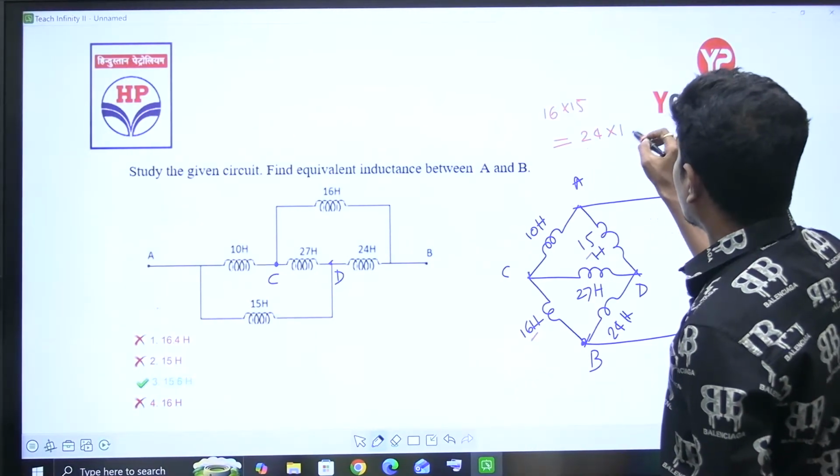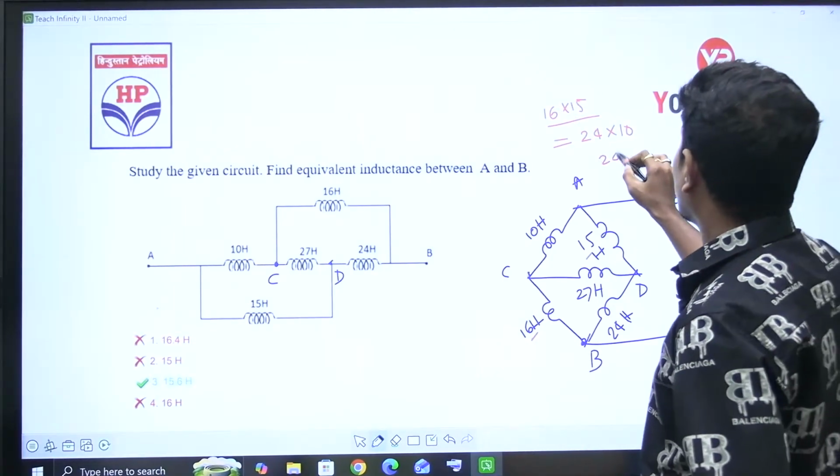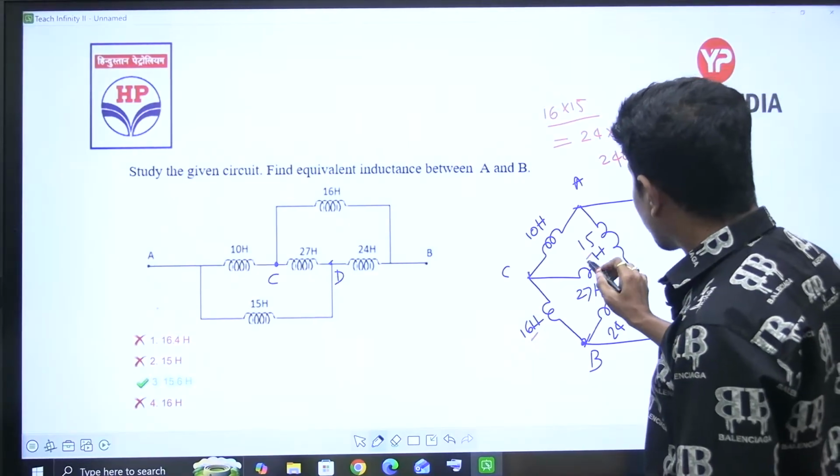How much is 16 into 15? It is 240. 240 is equal to 240, which means the bridge is balanced. If the bridge is balanced, we can neglect this one.